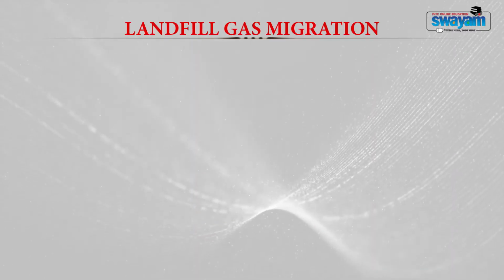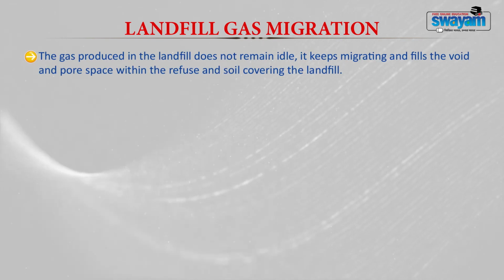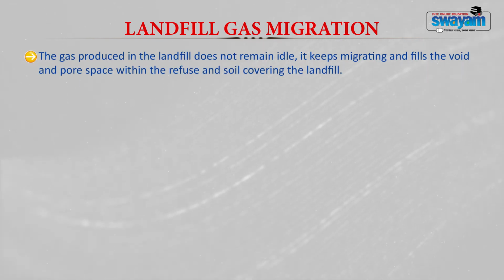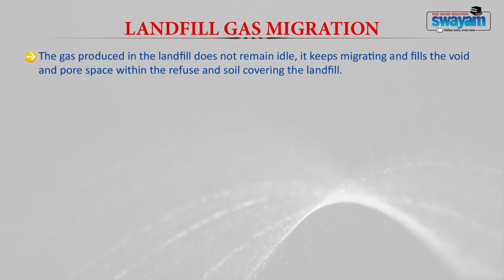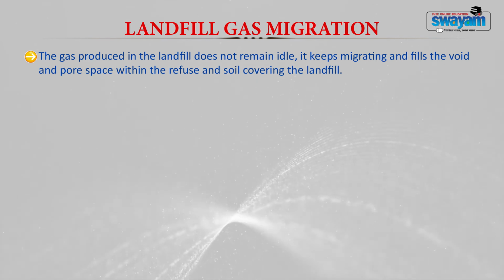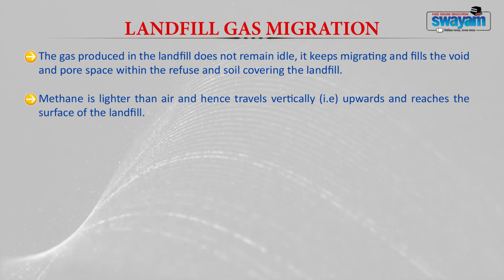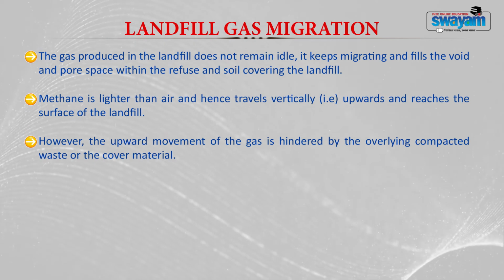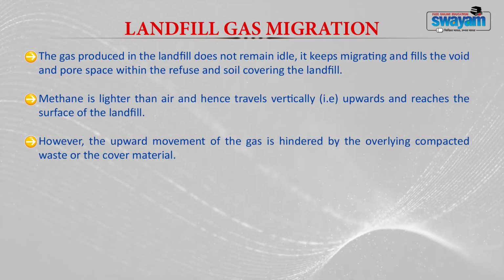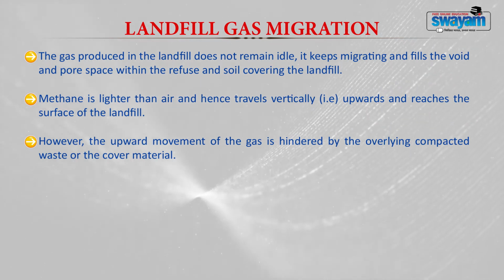Now, let us discuss what landfill gas migration is. The gas that is produced in a landfill does not remain idle. It keeps moving, keeps migrating and fills up the void or pore spaces which are available in the waste material. Methane, which is generally lighter than air, will travel vertically and reach the surface of the landfill. The upward movement of gas is generally inhibited or hindered by the overlying waste or the cover material.